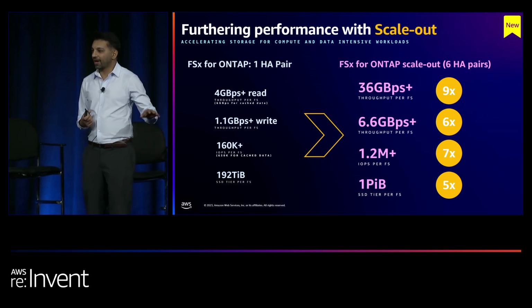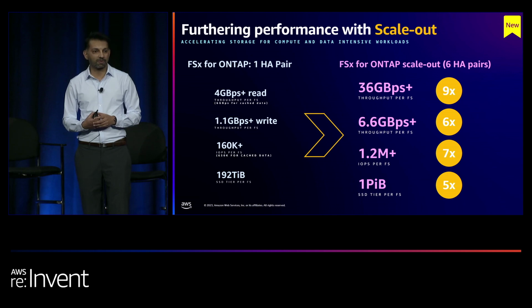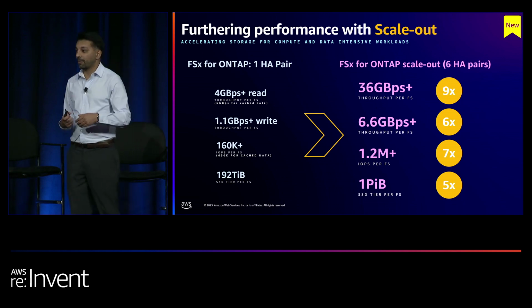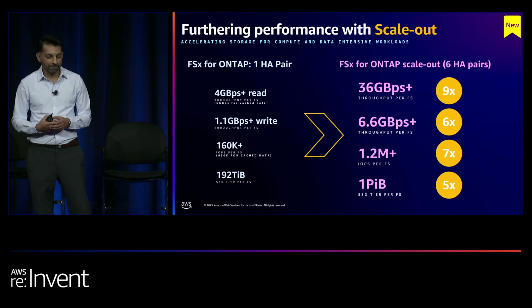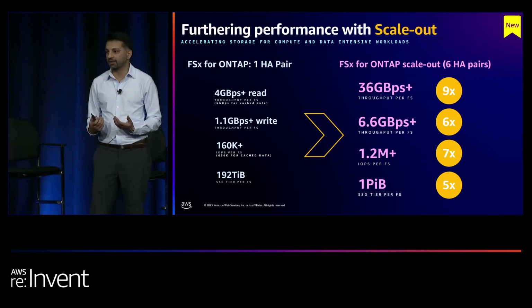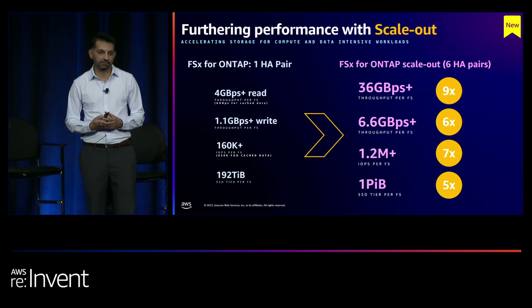From about 4 gigabytes per second throughput that we were able to achieve, now we can get to 36 gigabytes per second, a 9 times increase in performance capability that we have made available this week with AWS. On the right side, you can get from about 1 gigabyte to now more than 6 gigabytes per second write throughput, more than 1 million IOPS, and more than a petabyte of SSD storage capability, all within a single cluster.